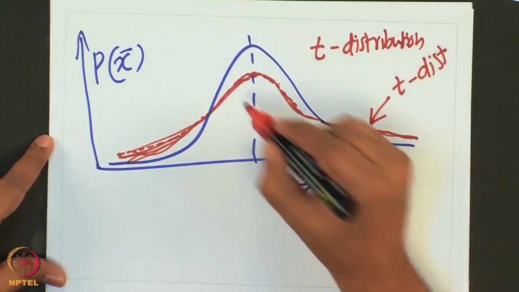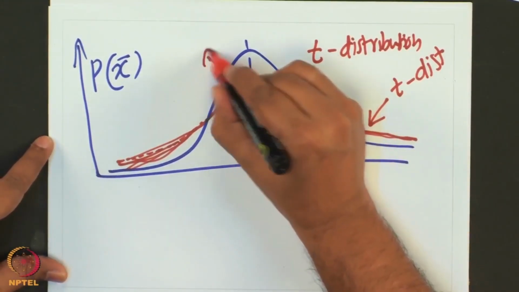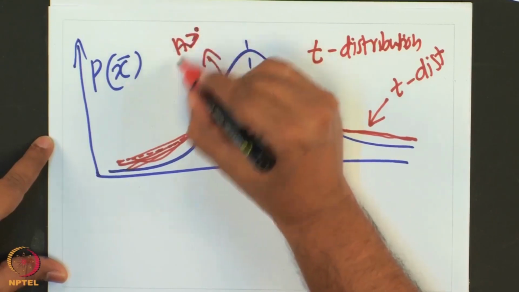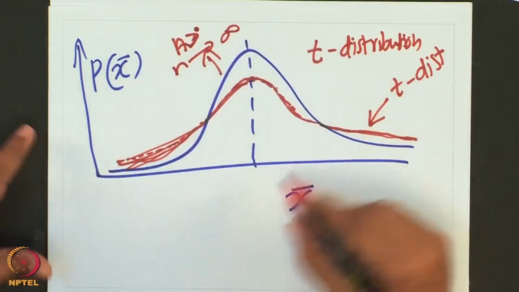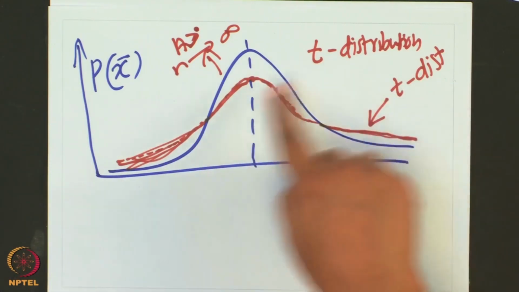The mean will have a normal distribution or a t distribution depending on whether n is very large. So, n going to infinity. When n is very large, you will have a blue curve, and when n is very small, you will have a t distribution. So, this is the thing that we know. Let us first think of normal distribution, then we will think about t distribution.